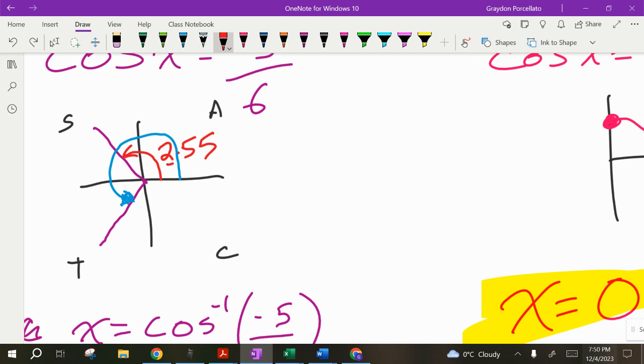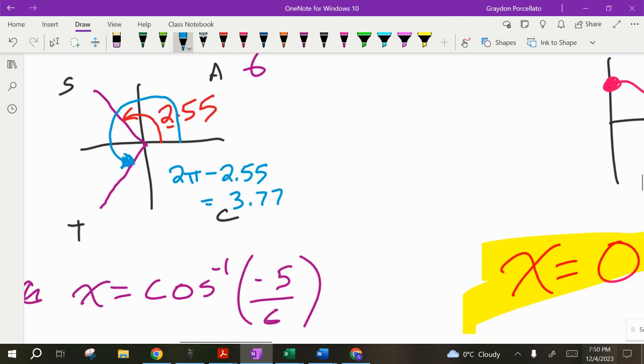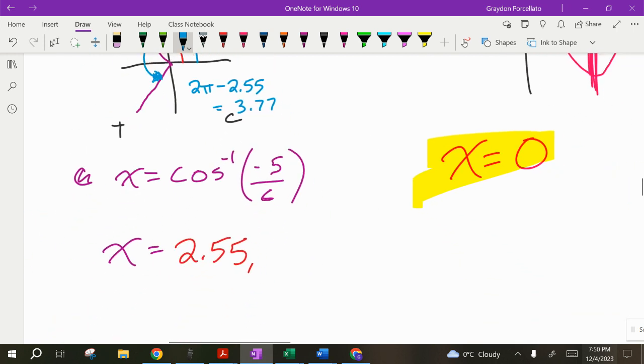The blue is going to be 2 pi minus 2.55, and that gives me 3.77. So my other answer is 3.77.